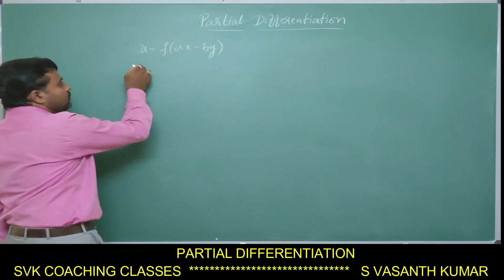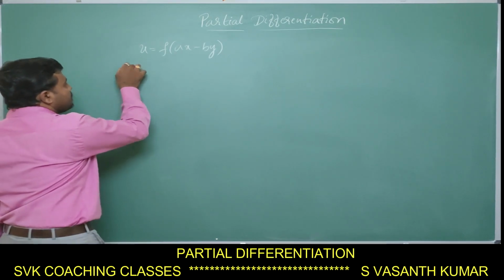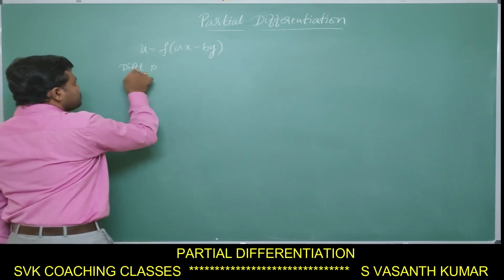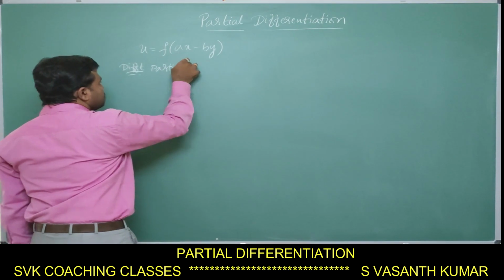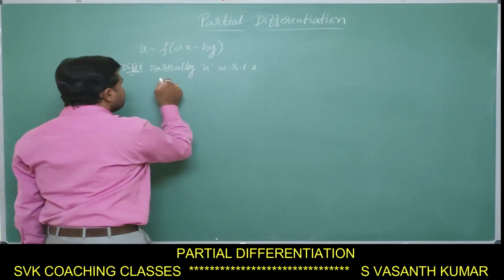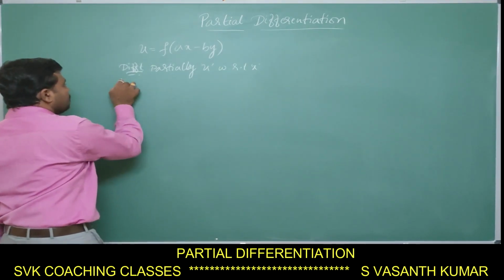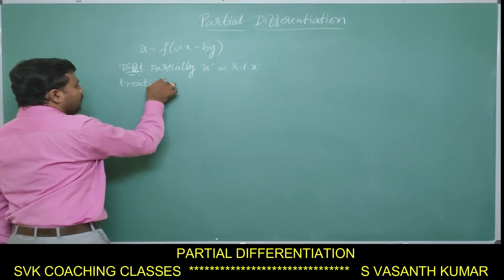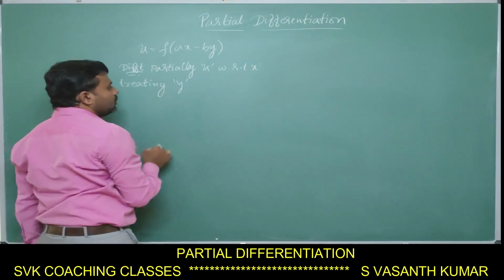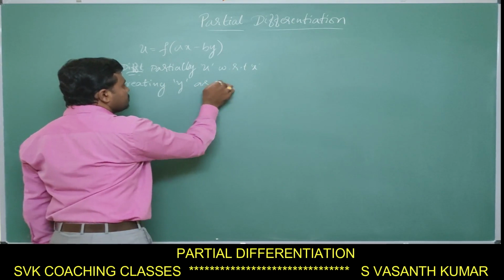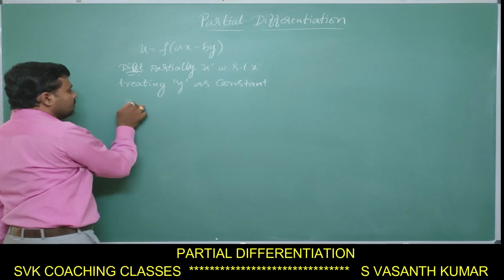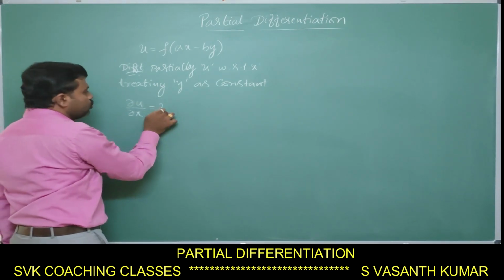Now let us see the partial derivative of u with respect to x, treating the remaining variable y as constant. According to the definition, we denote that as del u by del x or ux.